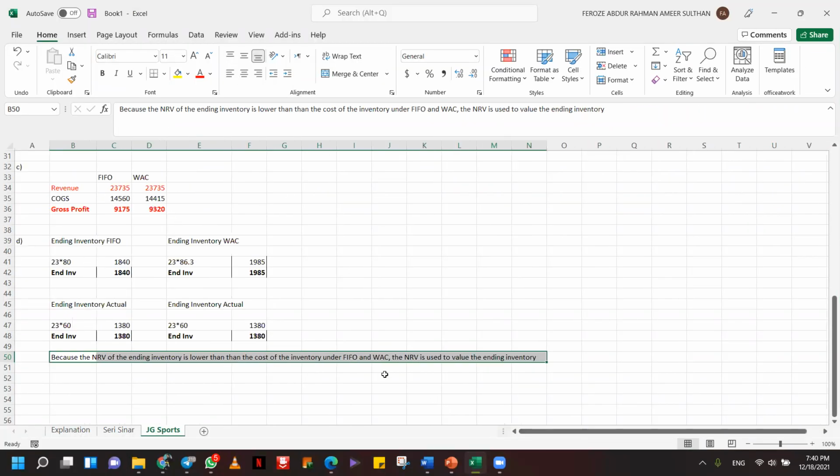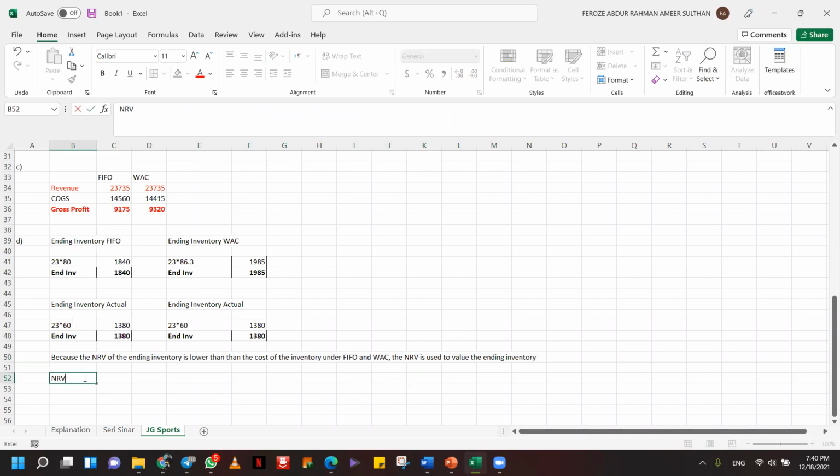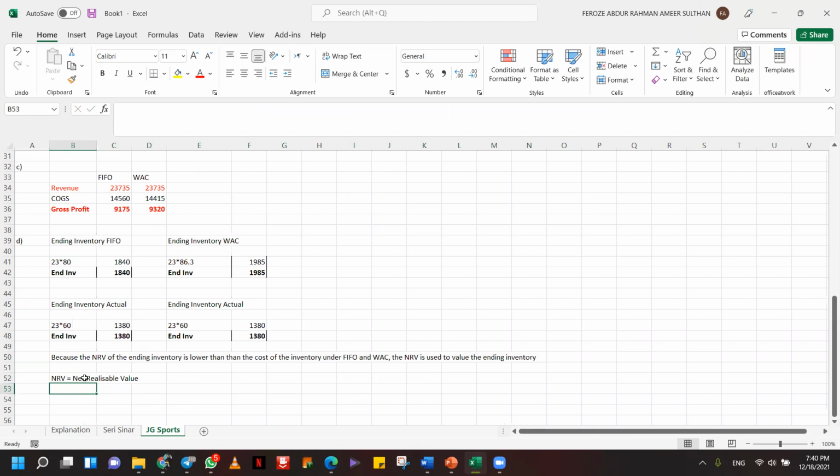NRV stands for what? NRV is net realizable value. Net realizable value is basically the market value. So let's say they bought the inventory for 100 ringgit, but now if they want to just dispose of it or give it away quickly, the value of it right now in the market is maybe 80 ringgit. So sometimes that is the market value.